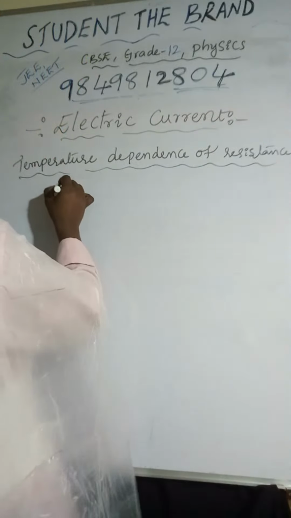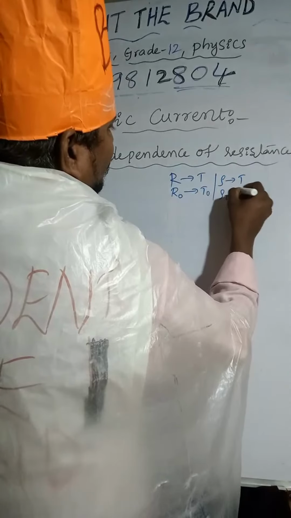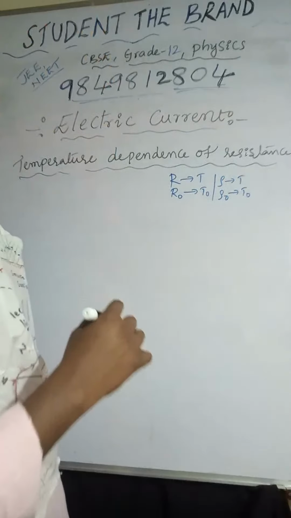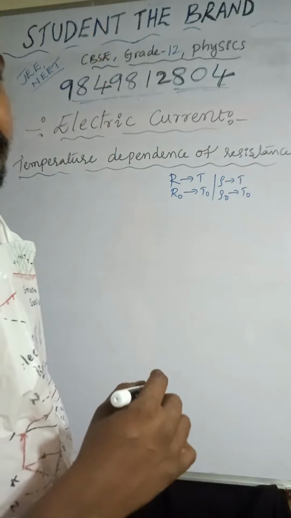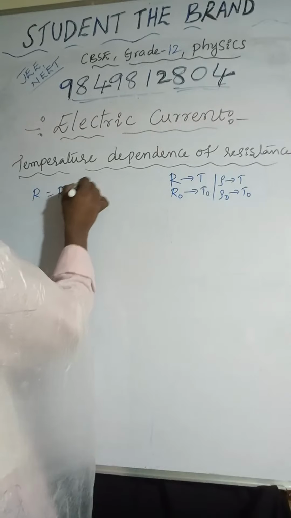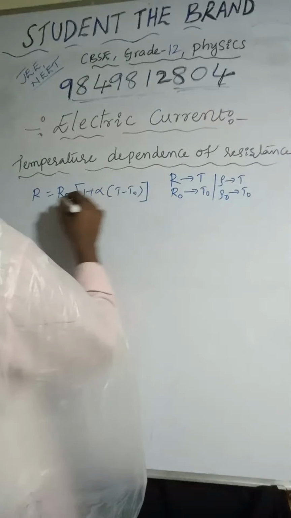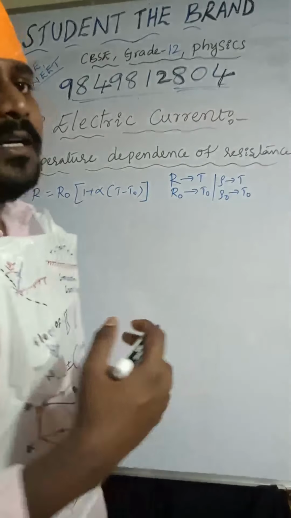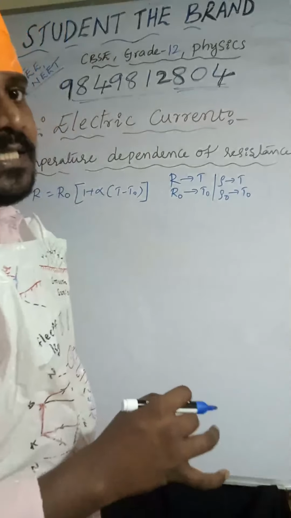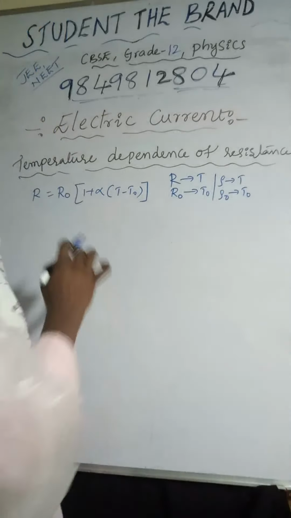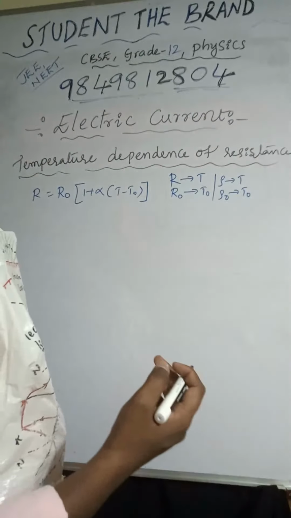Now you can see R is at temperature T, R naught is at temperature T naught, rho is at temperature T, rho naught is at temperature T naught. You can observe R equals R naught times (1 plus alpha into (T minus T naught)). Alpha is the temperature coefficient of resistance.